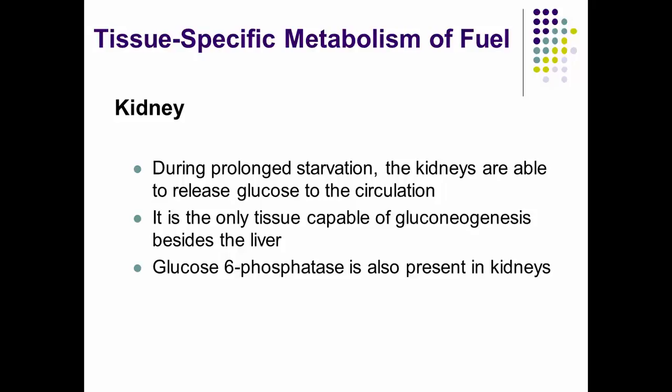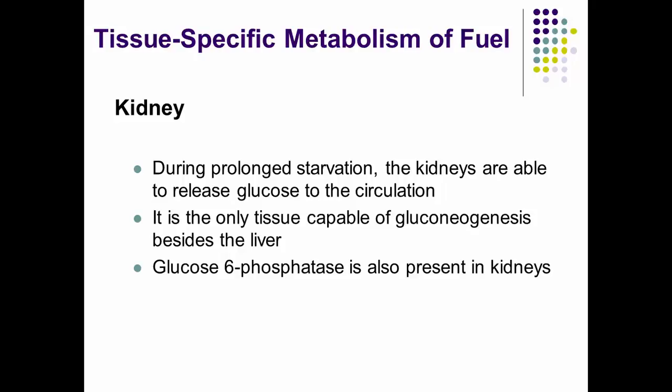Gluconeogenesis is very active in the kidney after 24 hours starvation. And it is the only tissue that can make glucose besides the liver, right? So our body, liver and kidney will be able to make glucose.